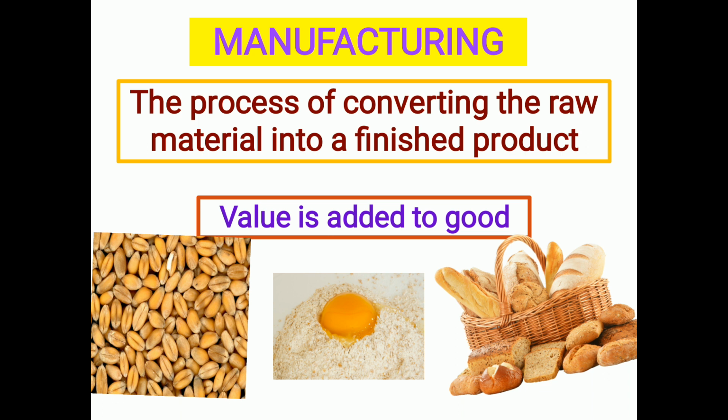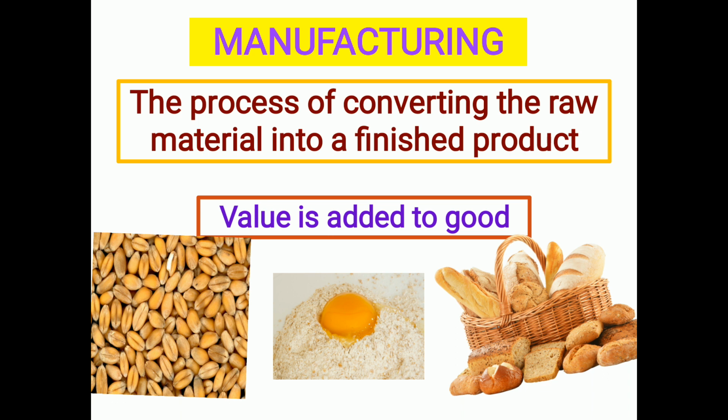During the process of manufacturing, value is added to the good, and when value is added, it becomes of greater use to humans. For example, take making a loaf of bread.